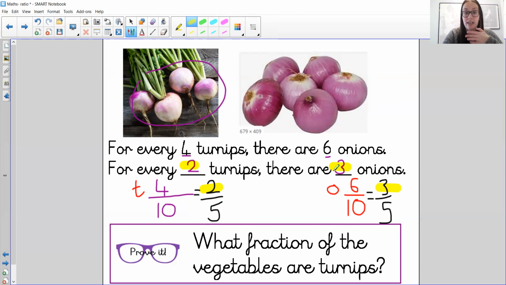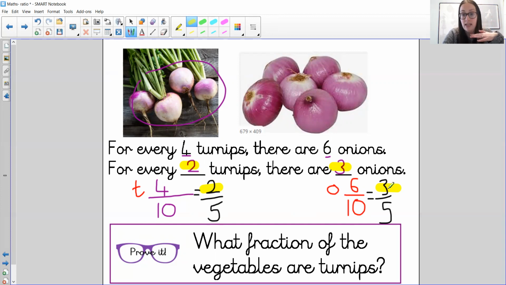Well, hopefully you notice that when we simplify our fractions and when we simplified our ratio, we get the same answers. There was 4 turnips, there's the 4 out of 10. Simplify that to get 2 turnips, and look, 2, and now it's only out of 5. So there was 6 onions, there's my 6 out of 10 onions.